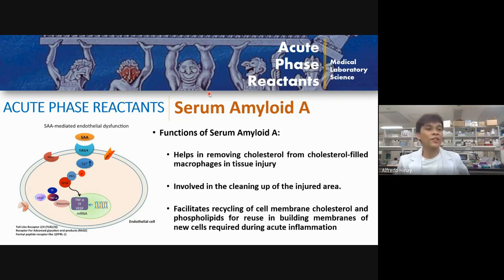So your serum amyloid A can actually help in the third and last stage of inflammation, which is recovery and repair. Take note of the function of your serum amyloid A. It facilitates and helps the reconstruction of the damaged tissue by collecting cholesterol from cholesterol-filled macrophages.